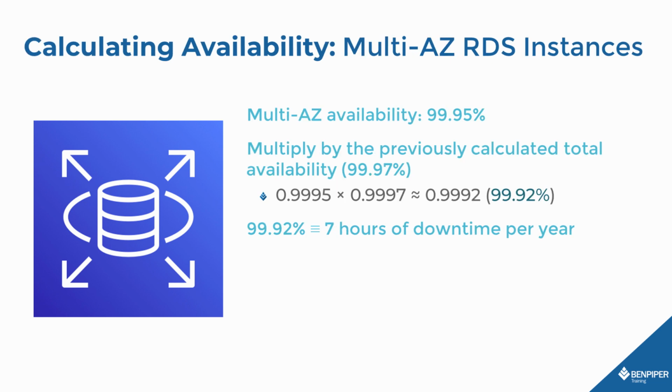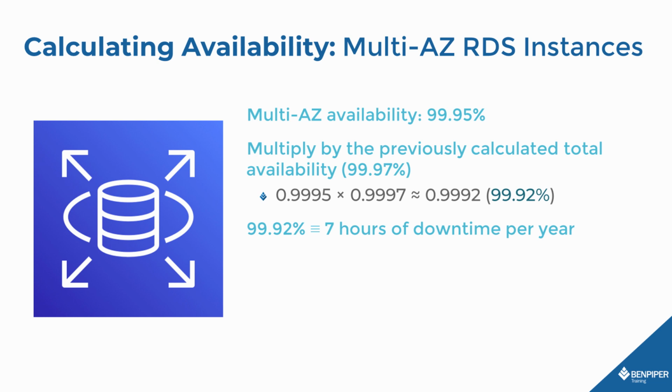Now, the first question that should pop into your mind is, what's the availability of RDS? Well, RDS offers an option called Multi-Availability Zone, or Multi-AZ, which gives you 2 database servers in different zones. If you run Multi-AZ, you get a guaranteed availability of 99.95%.